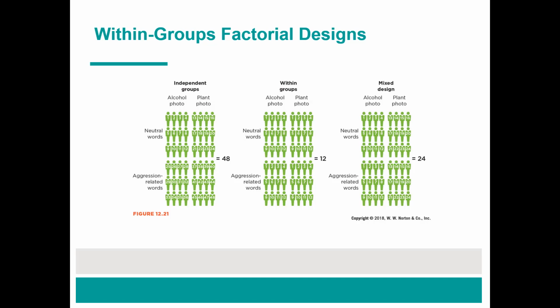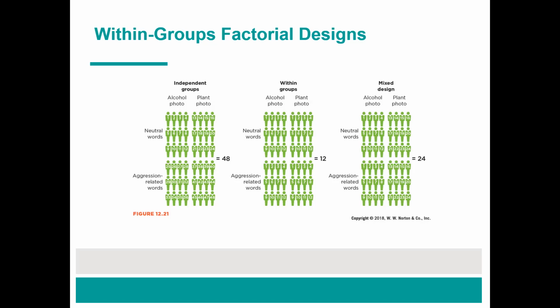The figure shows how many participants a researcher would need to obtain 12 observations per cell in each of the 3 types of designs. Notice that each different participant is labeled with their own participant number. Independent group designs require the largest number of total participants for the study, since each condition uses unique people, whereas within groups designs are most efficient in terms of the number of participants needed, since they only require a total of 12 participants who complete all the conditions.